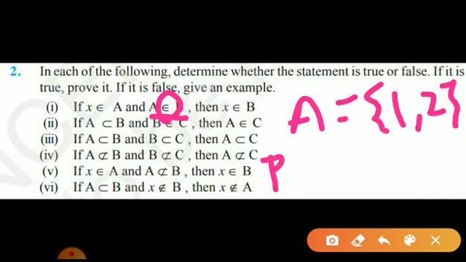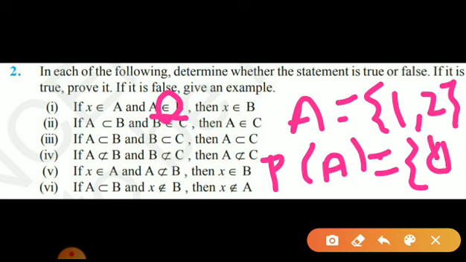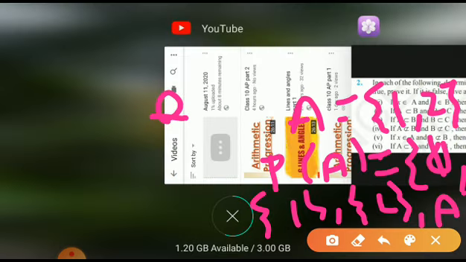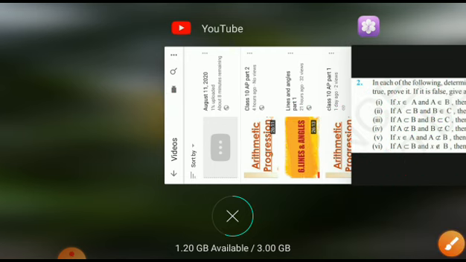What is the power set of A? I am just giving an example. The power set of A will contain the empty set, singleton 1, singleton 2, and set A itself.